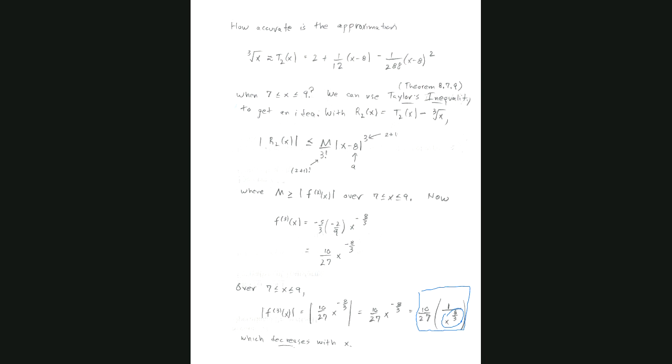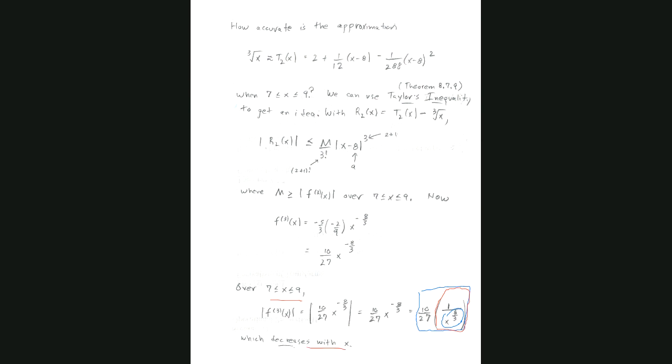Well then, if that's increasing, what can you tell me about 1 over x to the 8/3? That would have to be decreasing, right? Because 1 over an increasing function would be decreasing. So over the interval from 7 to 9, our third derivative decreases with x.